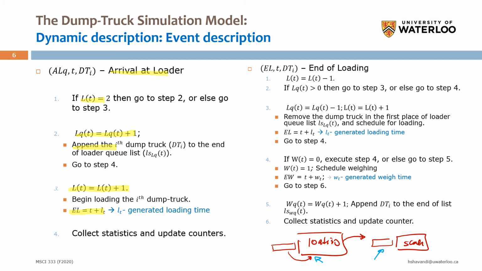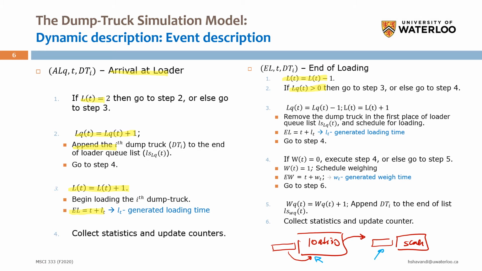Okay, so as you see here, at first we subtract the number of loaders being busy by 1, and then we check, this is the first part, the queue status of the loading.